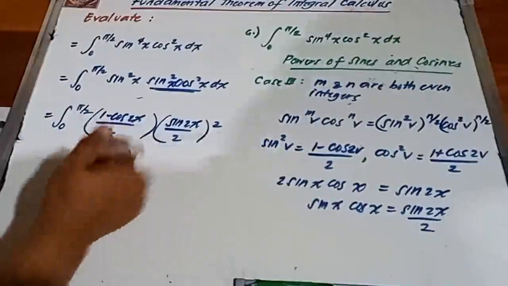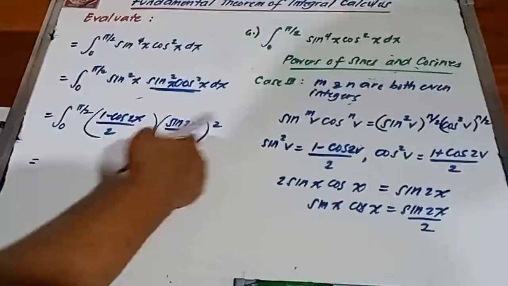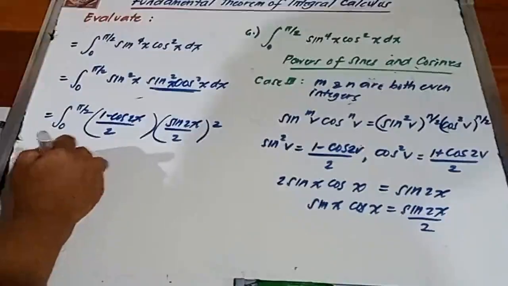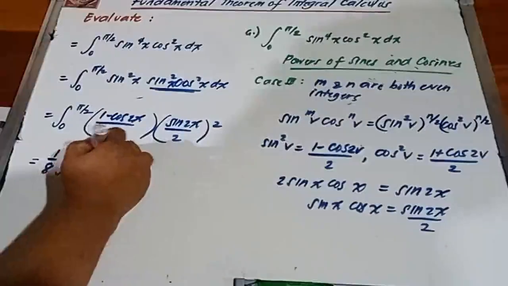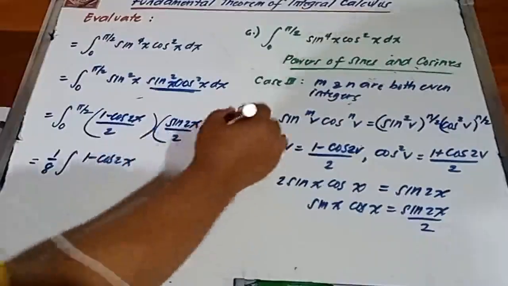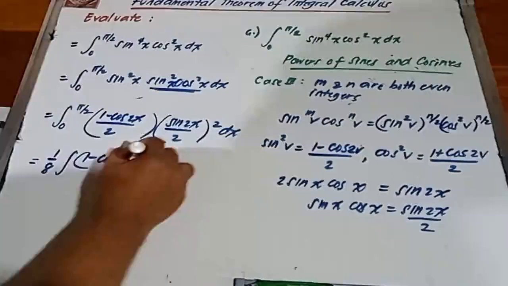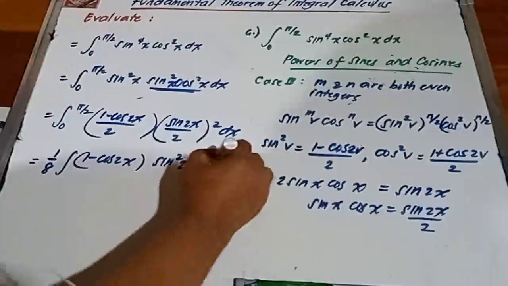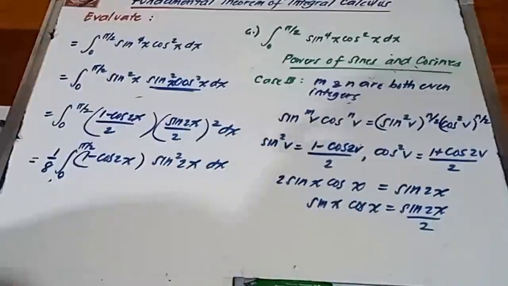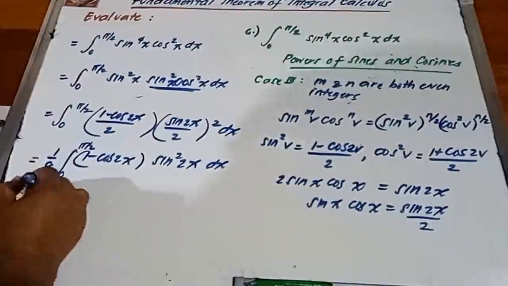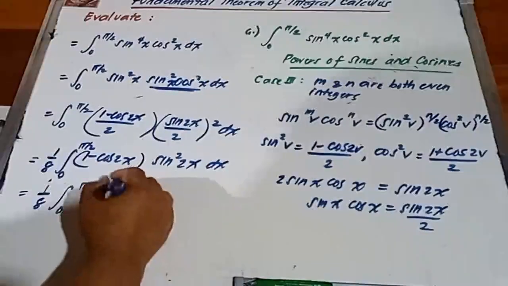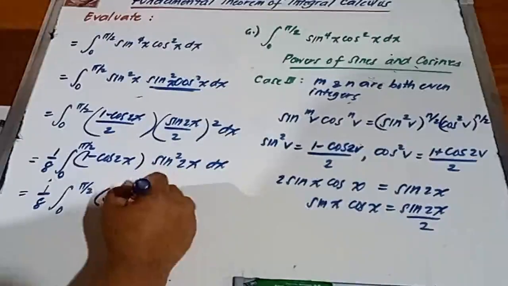So, we have to square. So, we have 2 times, ito ay 2 squared is 4. 4 times 2 is 8. So, ilabas na natin yung 1 over 8. So, we have 1 minus cosine 2x. By the way, I forgot dx. This is sine squared 2x dx. So, multiply natin. So, we have 1 over 8, 0 to pi over 2, we have sine squared 2x.